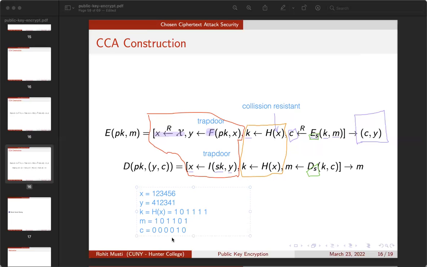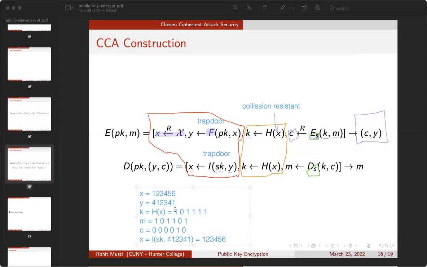And then for our decryption, we invert the trapdoor with Y. So X equals the inversion of the secret key with Y, which is 412341, which equals 1, 2, 3, 4, 5, 6. We generate K again.